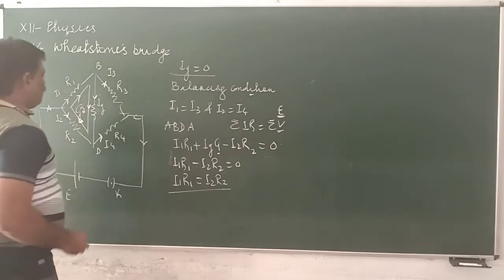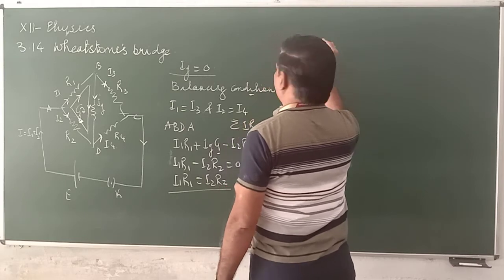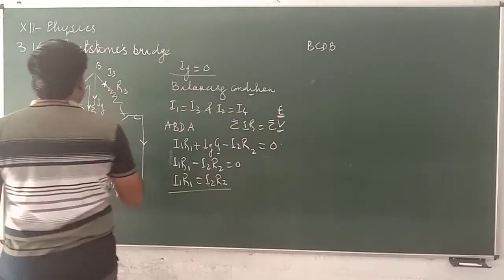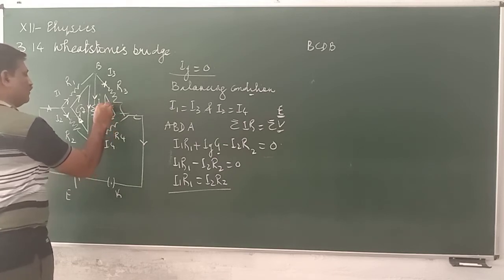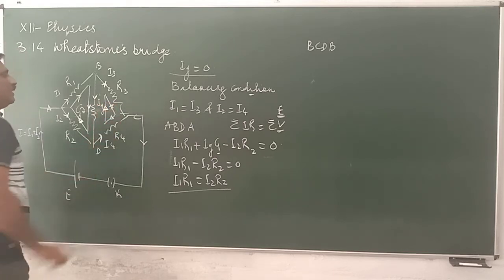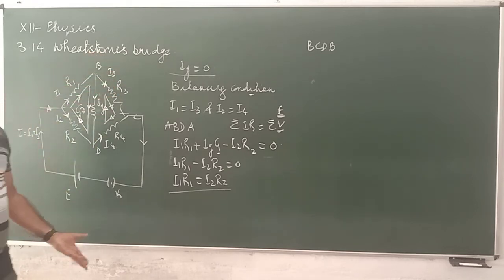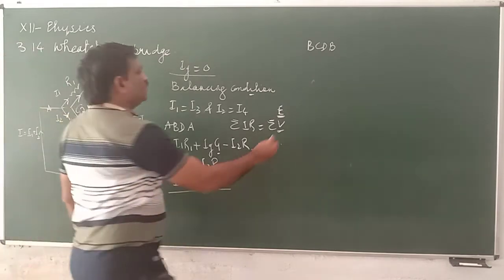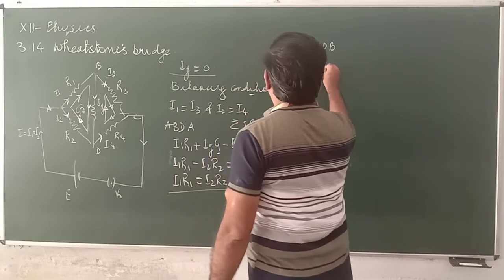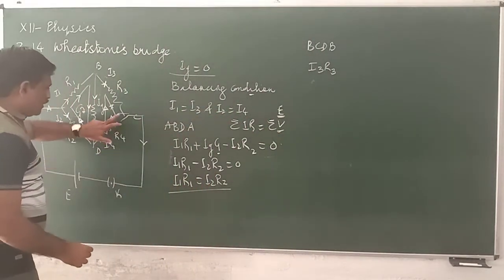Now similarly apply it to loop B, C, D and B. In this case it is easier to trace in the clockwise direction. See that current and traced direction are the same, so I3 R3 is positive. Here the current is opposite to the traced loop direction.